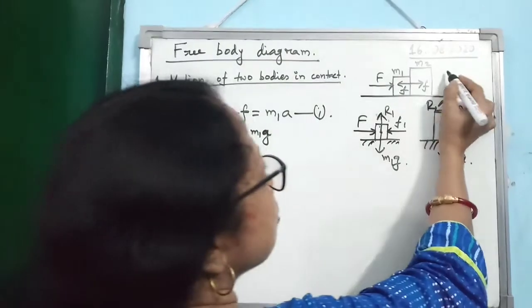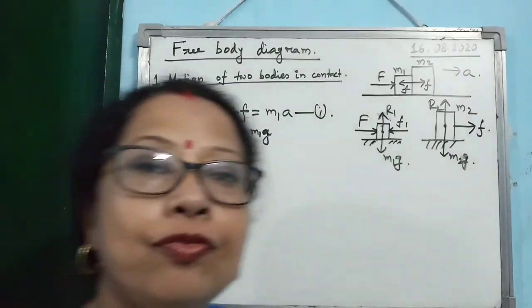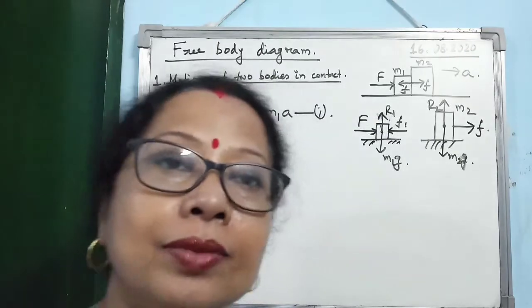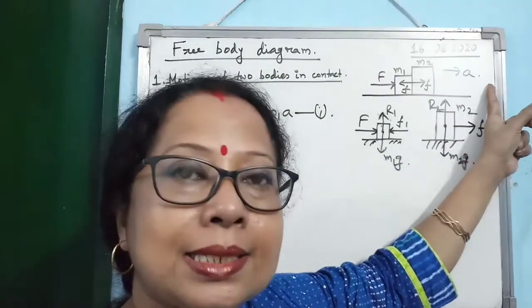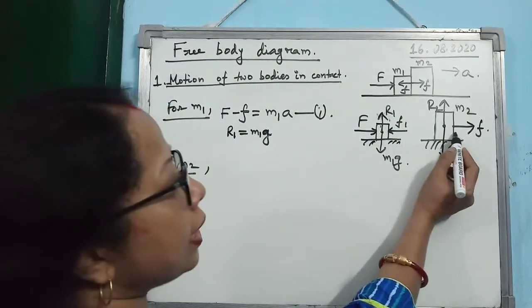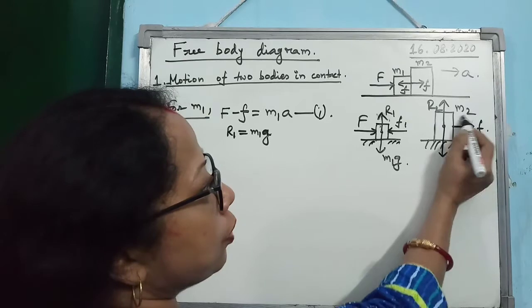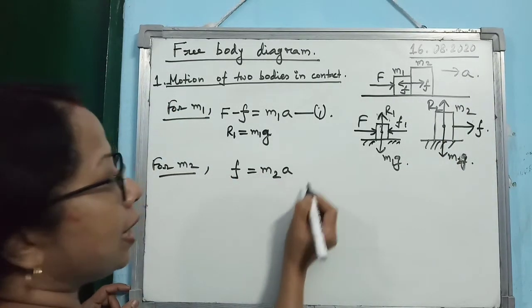And another thing you should remember, that when you are considering a system, then different parts of the system should have the same acceleration. So if you consider the acceleration A is along the direction of the force applied, then for M2, f is the force producing the acceleration. So you can write f is equal to M2A.